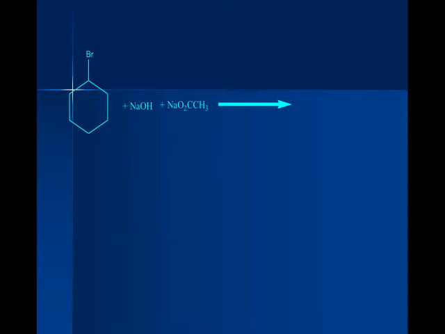What would happen if we were reacting this with the sodium acetate? C double bond O, O minus. Okay, we'd end up with an ester, right? So we'd go from alkyl halide to alcohol, we'd go from alkyl halide to ester, and we would end up with the alcohol being the major product, and we would end up with the ester being the minor product.